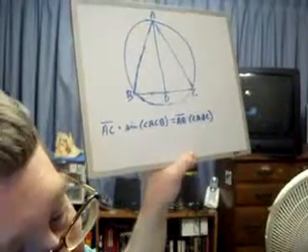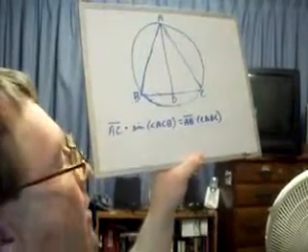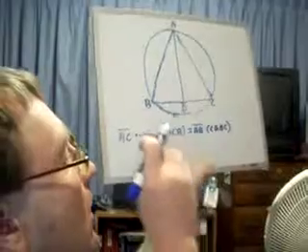Now, what's the first thing we're going to do? We're going to divide both sides of this equation by the sine of ACB.